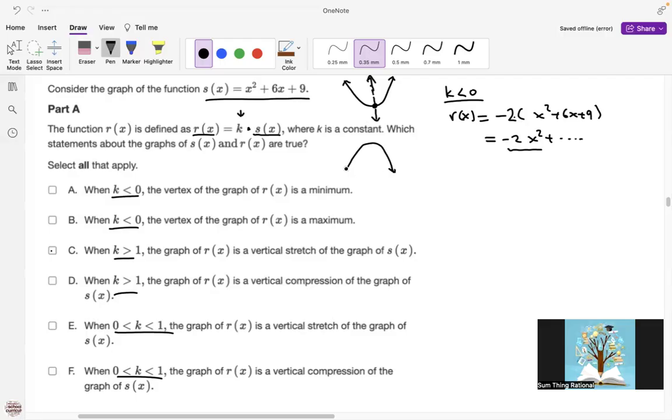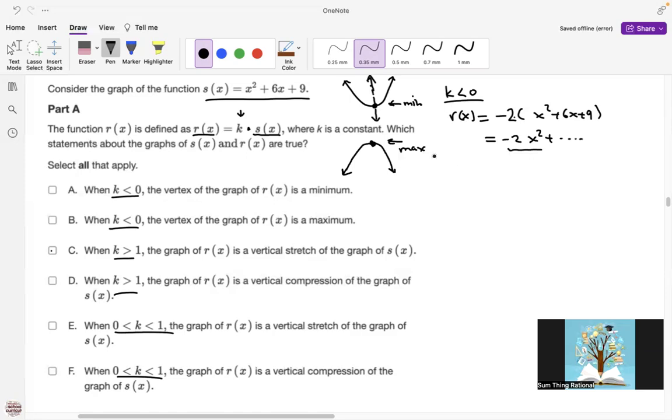So when the graph is upside down, we have a maximum point. When the graph is looking upward, we have a minimum point. One of the features of the quadratic function: sometimes the vertex is a minimum point, sometimes the vertex is a maximum point.